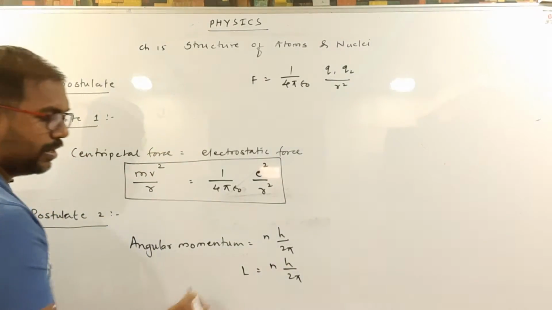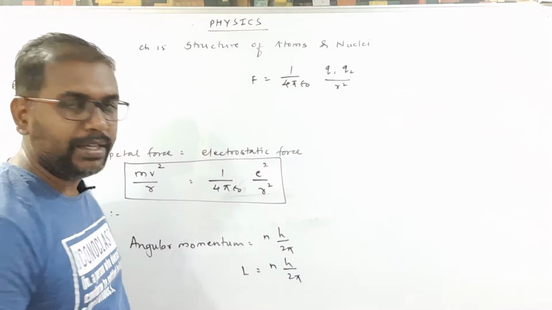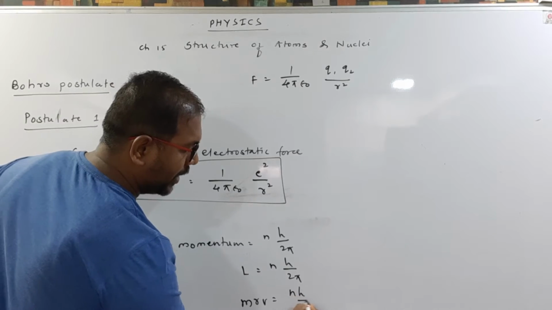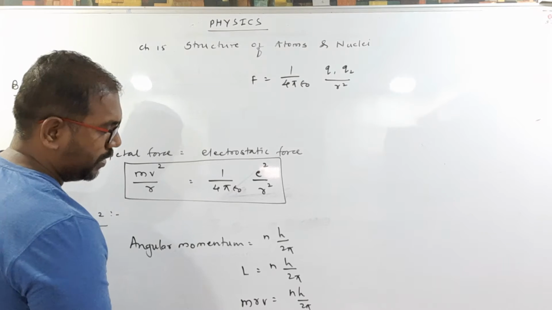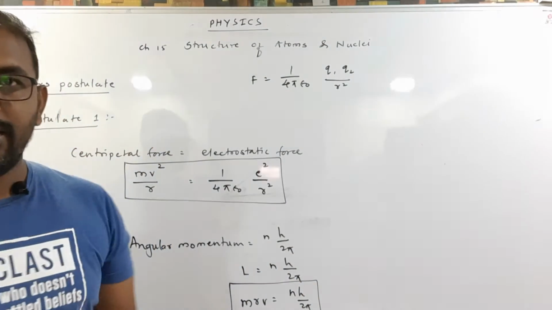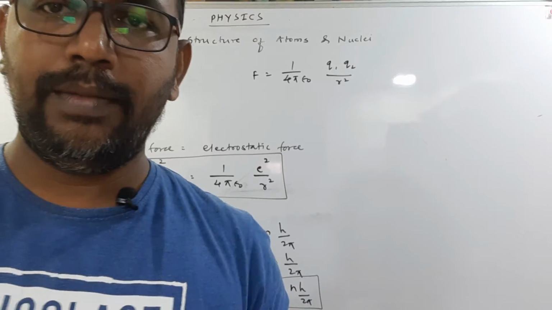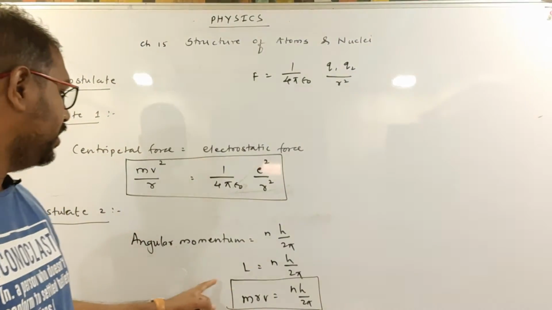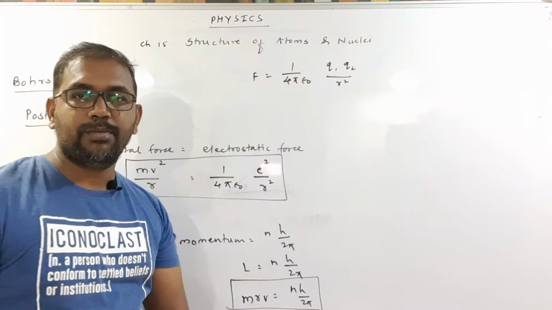Or we can write the angular momentum by the formula mvr. So we get mvr is equal to nh upon 2 pi. This is the formula for the second postulate. Here, only instead of angular momentum I have written mvr.